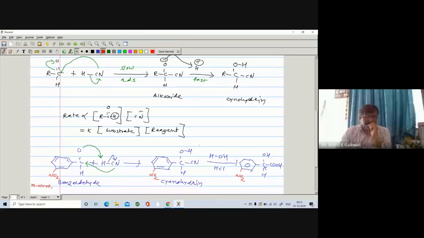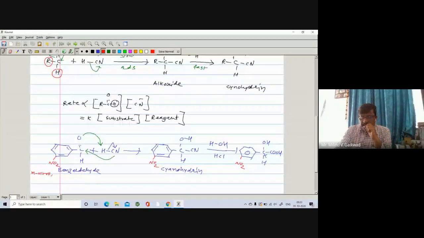Suppose this R is ethyl, and this other group is methyl. We can get the corresponding hydroxy acid when it undergoes further reaction.